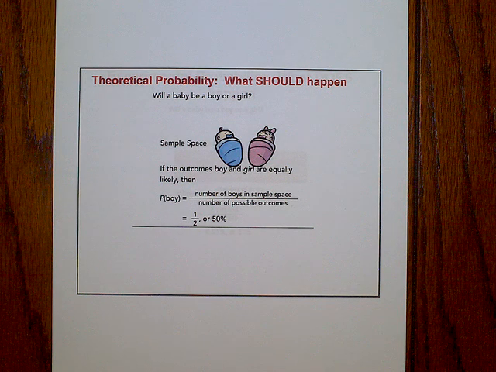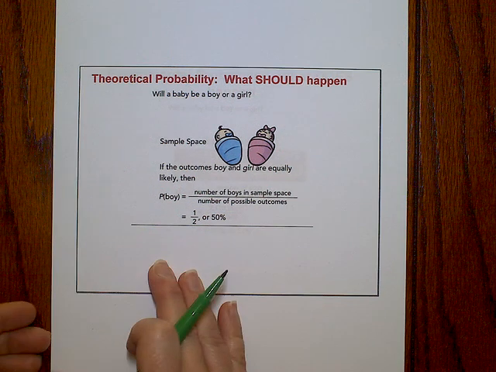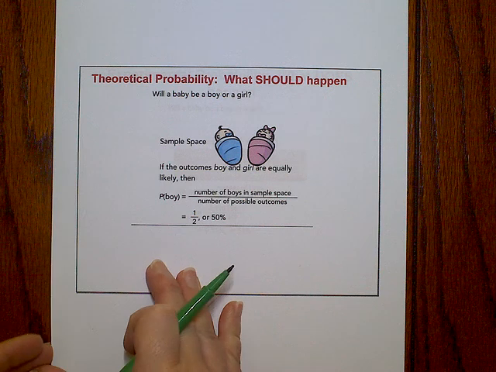Our sample space is a boy or a girl. If the outcomes boy and girl are equally likely, then our probability theoretically is 1/2. Well, that's not necessarily the case.